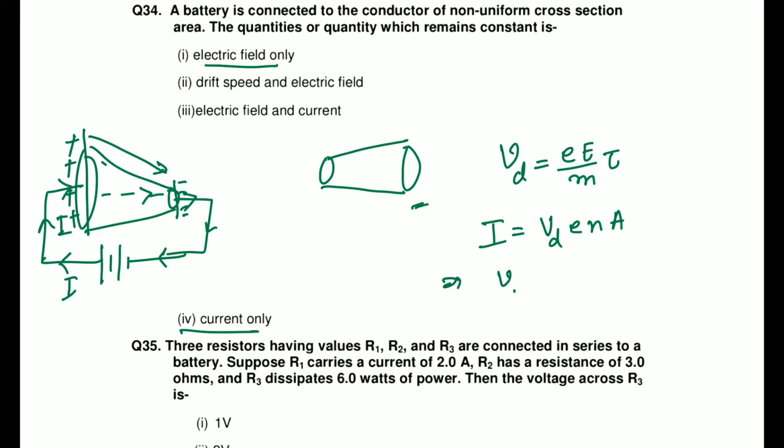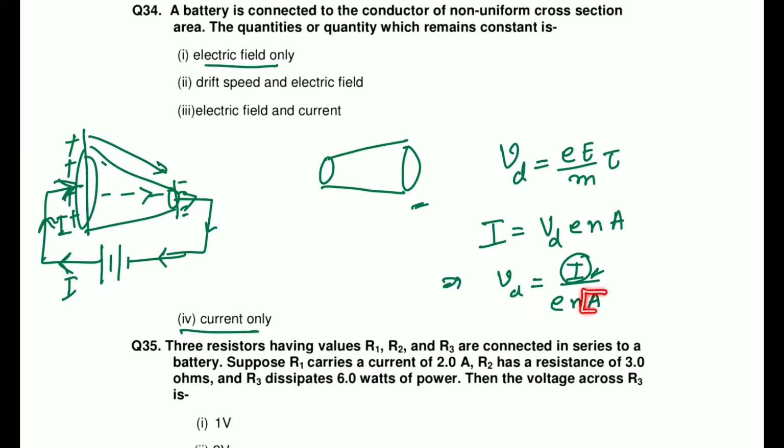Or you can simply say from here your drift velocity is simply given as I upon n e A. So you have to understand your current I will be constant, because current I will have the same value as there is no blockage anywhere. So current I is going to be a constant.